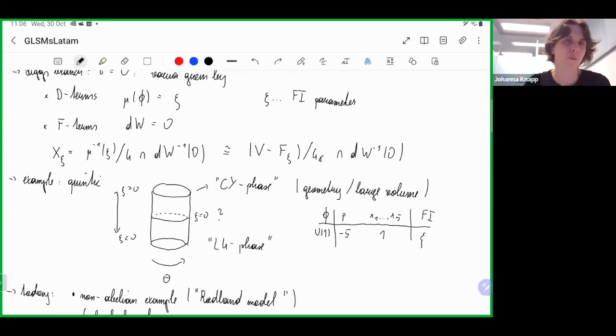So basically the simplest gauge group that you can have, like electrodynamics. And we had one Fi parameter, and we found that if the Fi parameter was positive, the vacuum configuration was a Calabi-Yau manifold. And the coordinates that described the Calabi-Yau corresponded to the complex scalar fields that we had in our GLSM. So the scalar fields become coordinates on the Calabi-Yau.